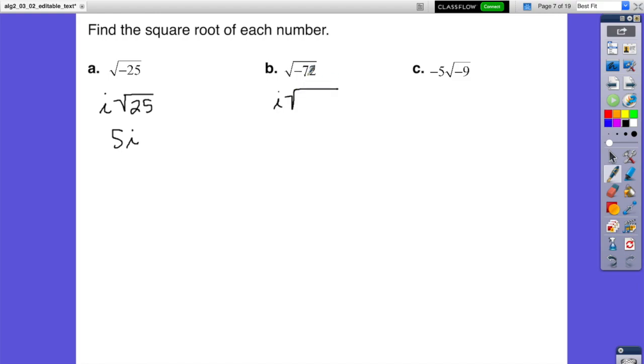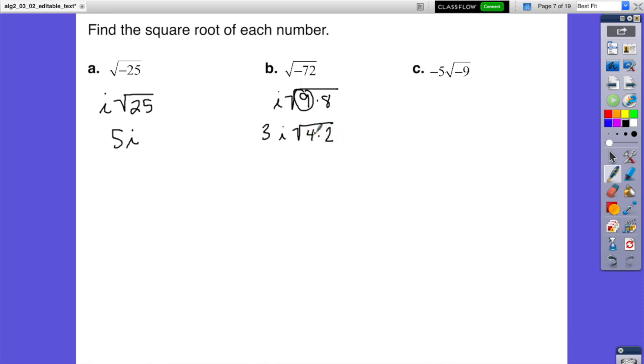And now we want to think of 72 as perfect squares. Now you may not know what the largest perfect square is, which is going to be 36 for this problem, but let's just say you didn't know that and you knew that it was 9, right? 9 times 8. So the 9 comes out and it becomes a 3. But if you notice, this 8 can still be broken up into another square root, which is going to be 4.